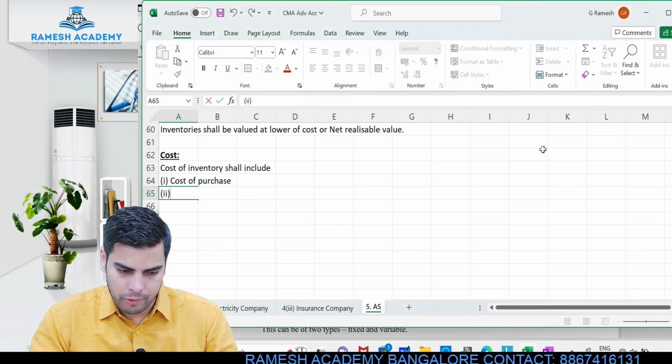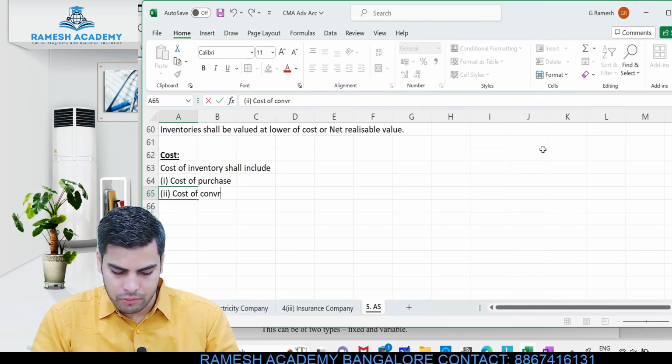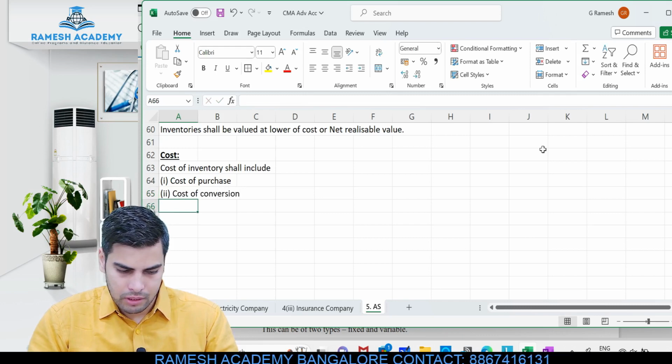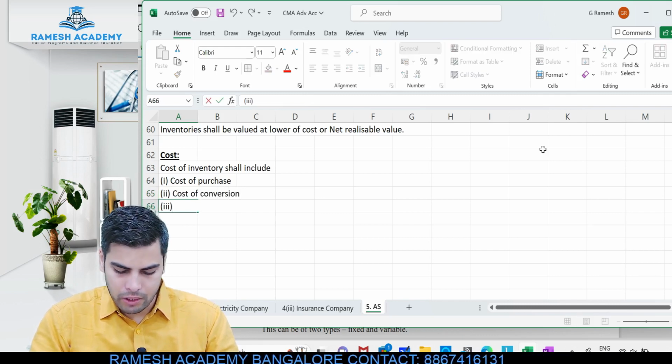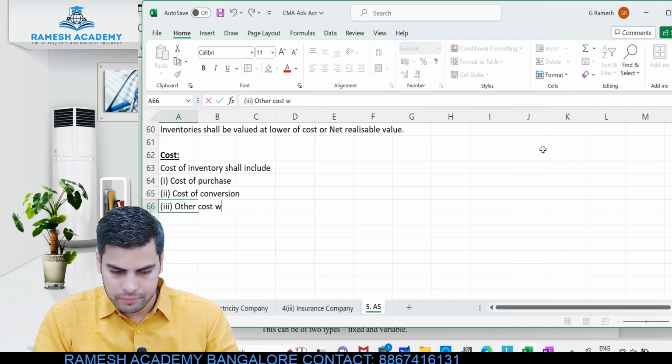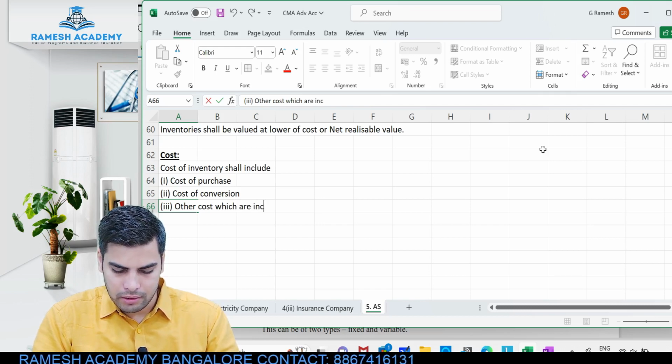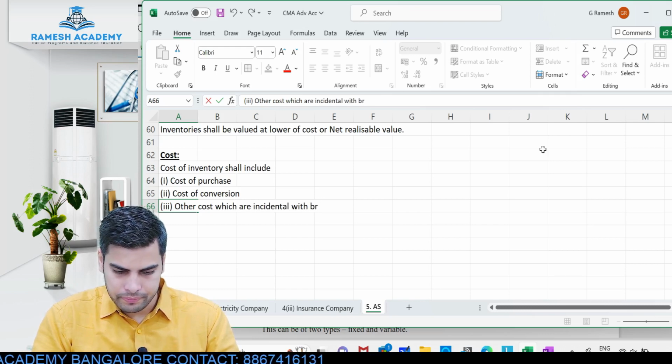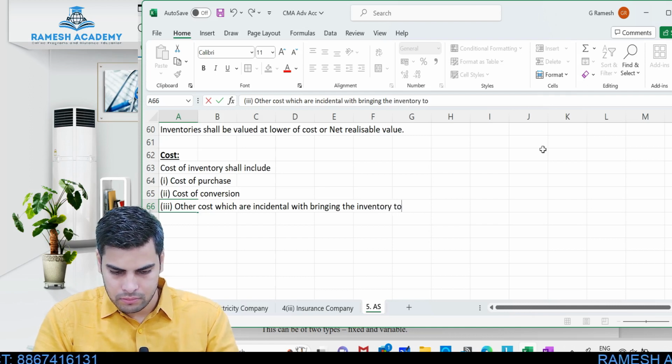So lastly it will be including other costs which are incidental with bringing the inventory to the present location or condition.